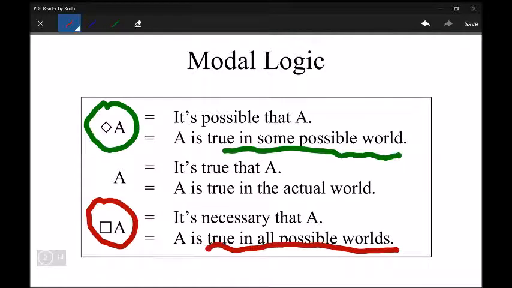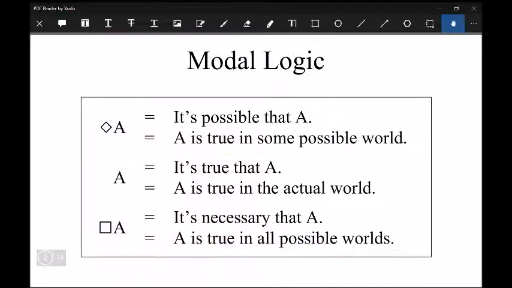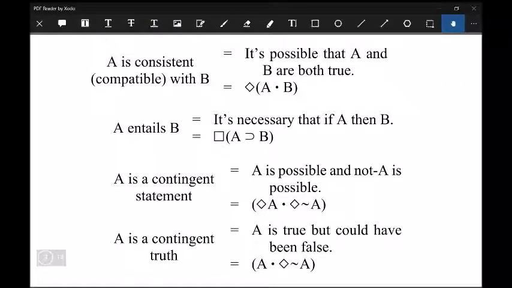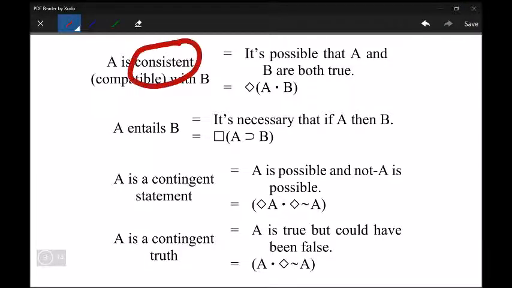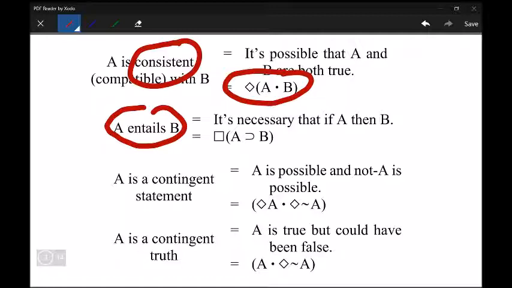We got last time into different translations. For example, A is consistent with B means it's possible that they're both true together. A logically entails B means it's necessary that if A, then B. And then we have ways of translating consistent statement and consistent truth.